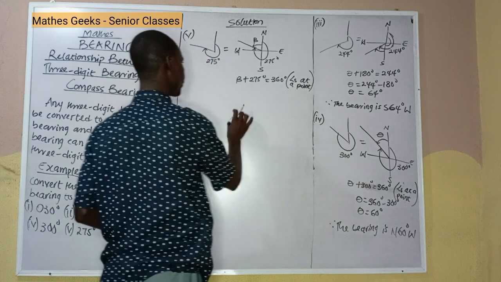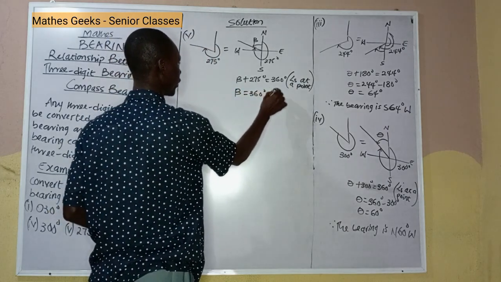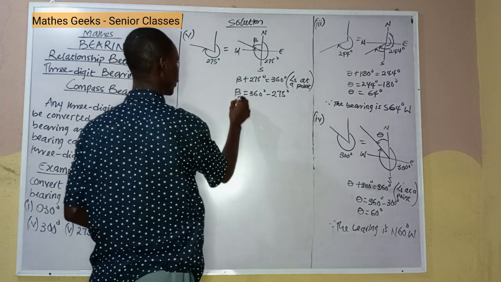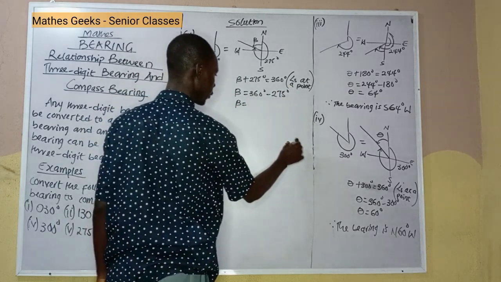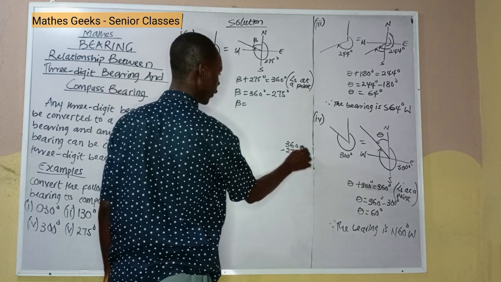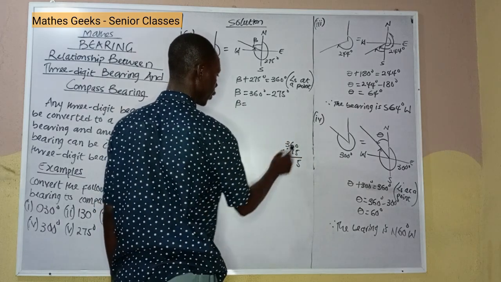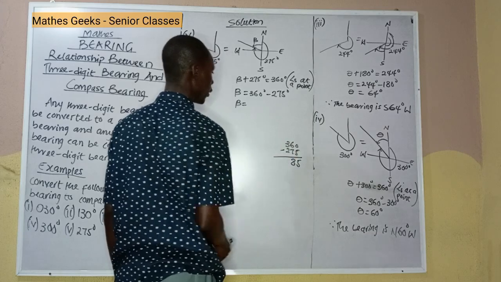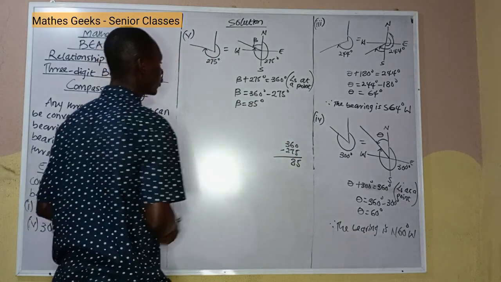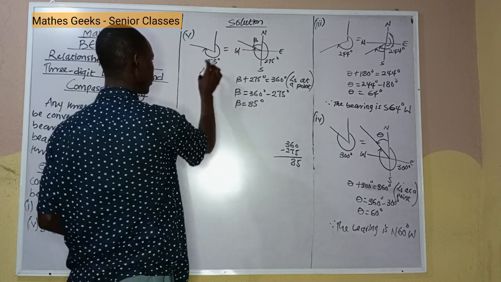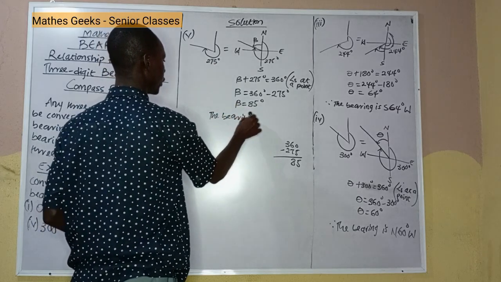So beta is equal to 360 degrees minus 275 degrees. 15 minus 7 will give us 8. That's 85 degrees.